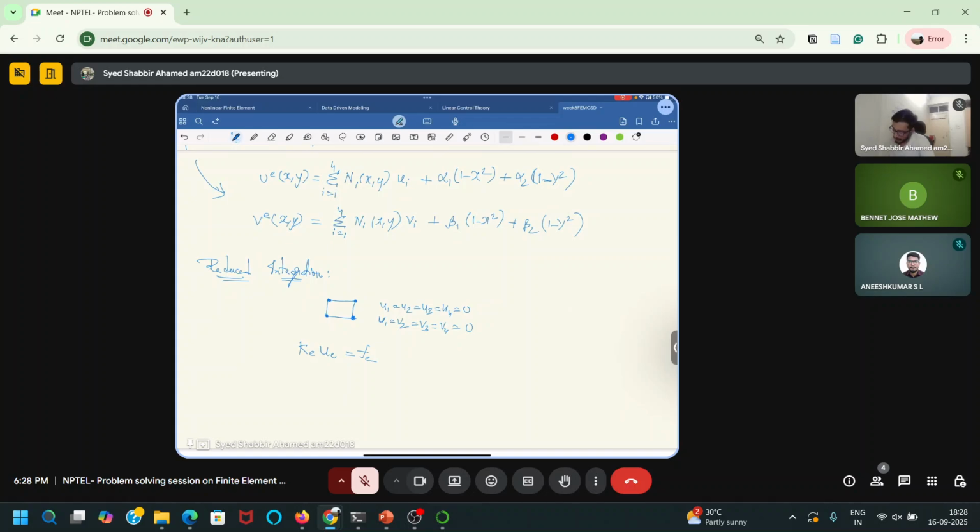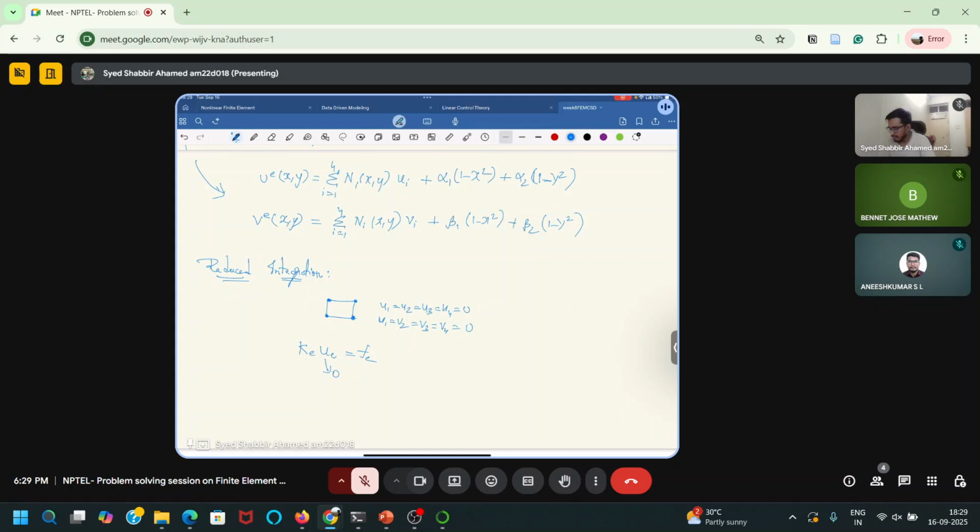We are saying that UE is becoming zero, because the element has to satisfy the shear strain condition and it gets locked in shear. So all the elements of UE, that is U1 to U4 and V1 to V4, should become zero.